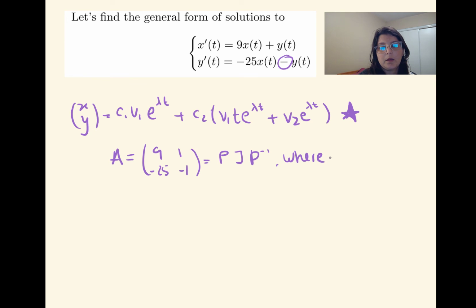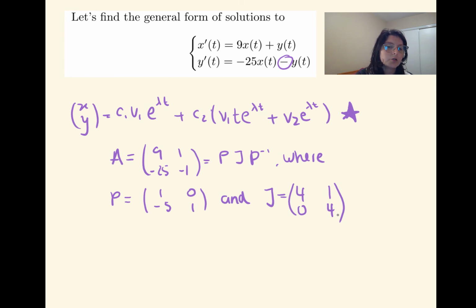where P corresponds to the matrix that has v1 as the first column, so that was 1, minus 5, and v2 as the second column, and J is the following matrix. We have 4, 1 on the first row and 0, 4 on the second row. So A is equivalent to the matrix J, and J is a matrix in the Jordan form.